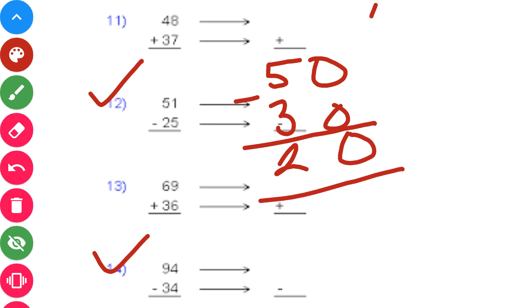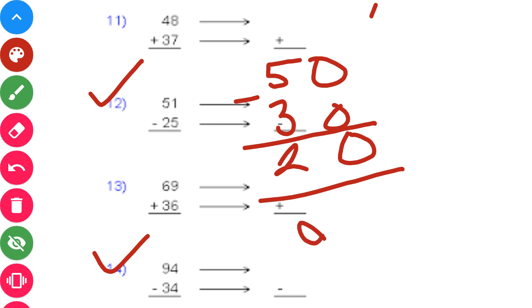Now question number 14. I hope you all have completed question number 14. Have you? Okay. So we are having 94 minus 34. So in this 94, we are having 4 there at ones place.